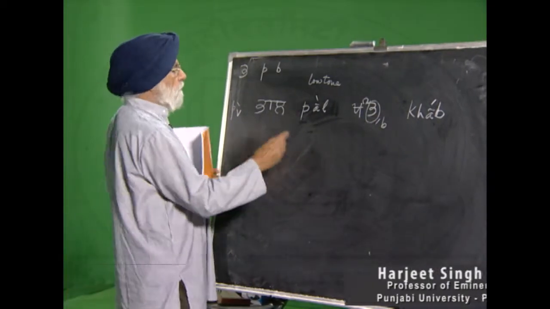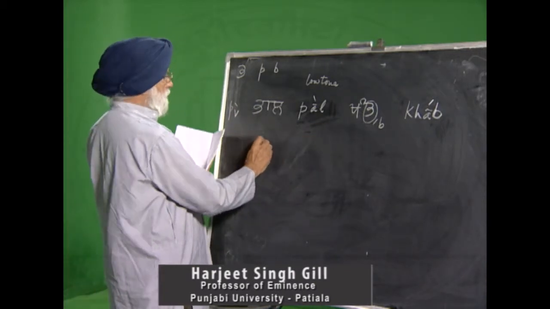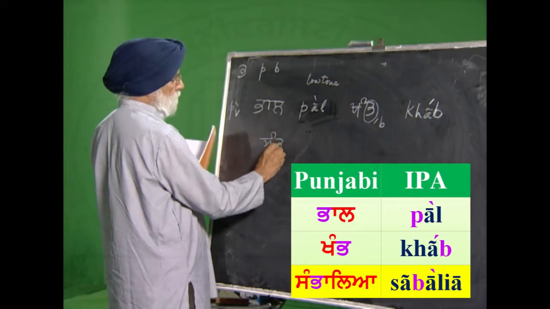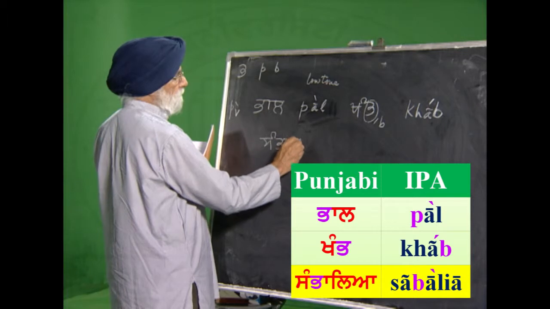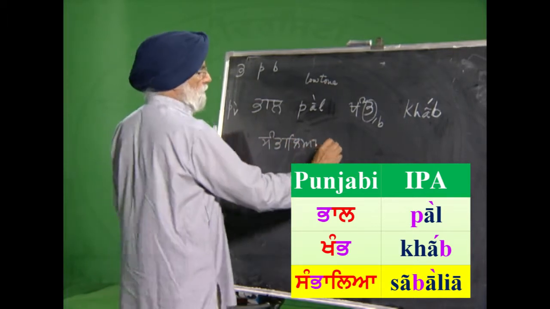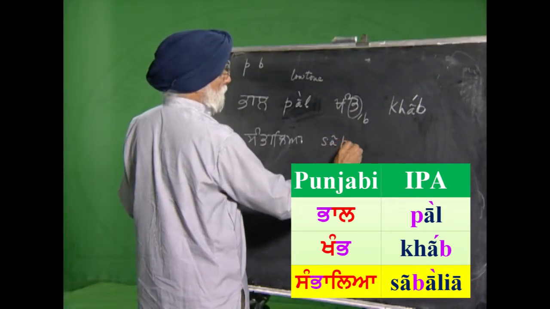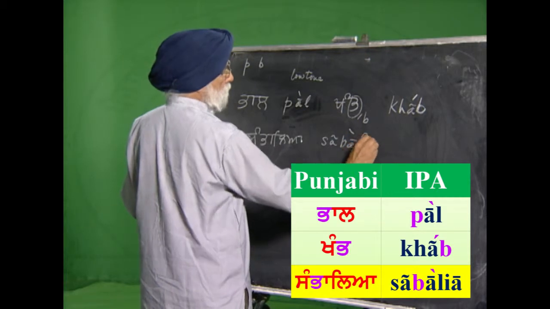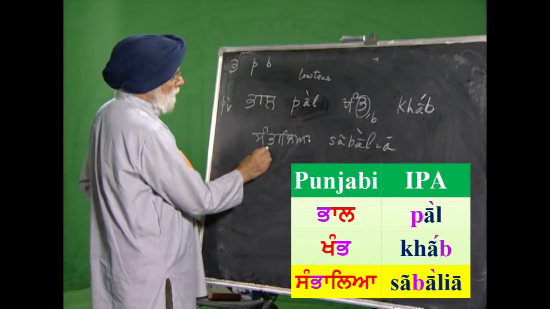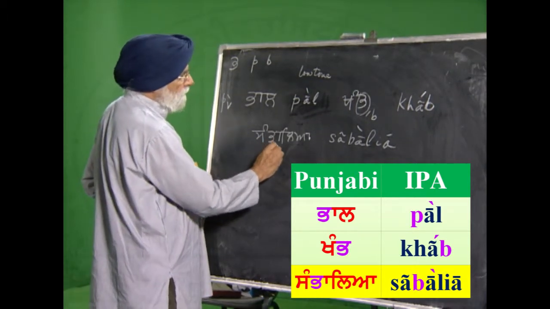Then there is another possibility. You can have a word like संभालिया, sambhalya. What is happening here? This is the beginning of the second syllable.